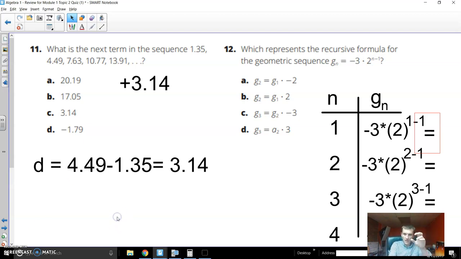The one on the right here represents the recursive formula. Recursive means you're basically saying, okay, if you want the third term, we'll take the second term and do something to it. If you want the second term, take the first number and do something to it so you can get the next number. So I made a table here so you can study, like the n is replaced with 1 or 2 or 3.